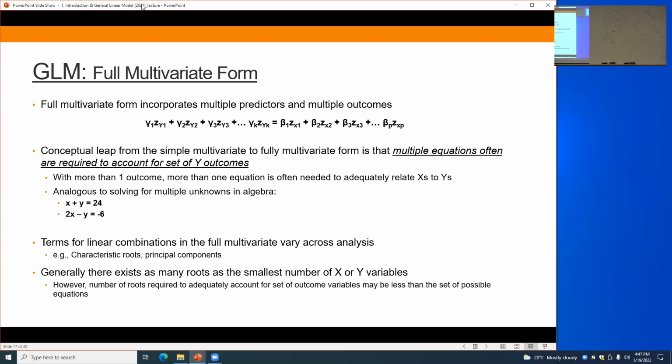But as we start to look at this, the number of roots that we need to account for a set of variables is often less than the full number of equations possible. So, we've run some stuff with factor analysis.